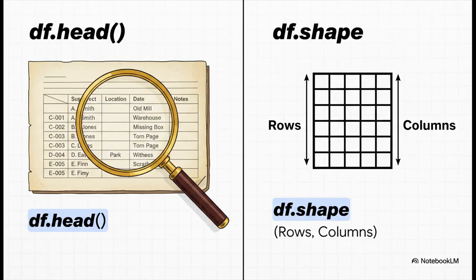So in Python, we use two really simple commands for this first glance. df.head gives us a quick peek at the first few rows of our data, kind of like a detective getting a first look at the evidence log. And then df.shape tells us the dimensions of our data set, how many rows of evidence and how many columns of info we have to play with.